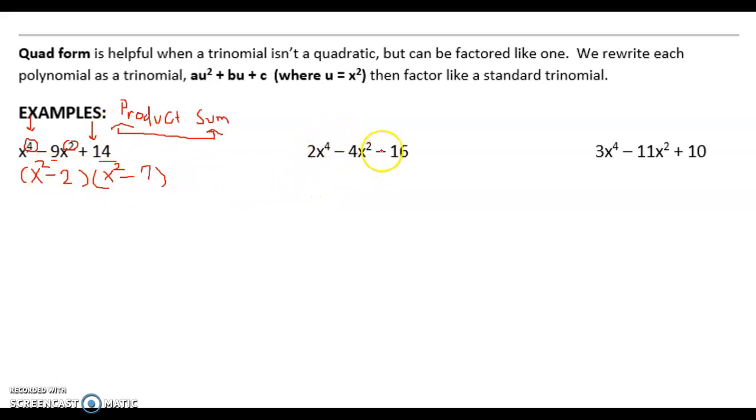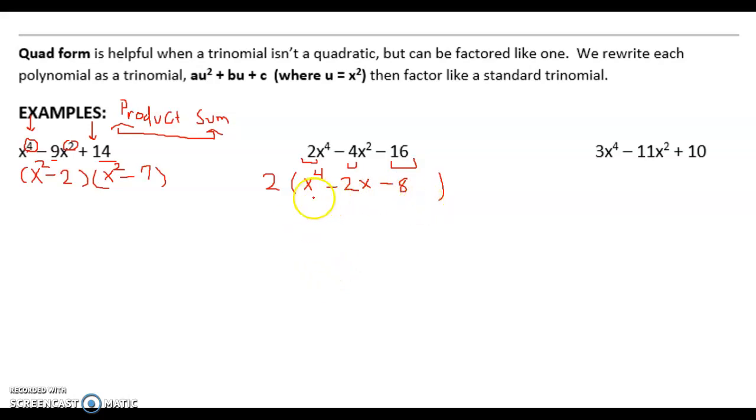Let's look at the next one. Before we do anything, I notice with this one, the coefficients have a GCF of 2. So let's go ahead and factor that 2 out. We'll factor the 2 out, and I would be left with x to the 4th minus 2x squared minus 8.